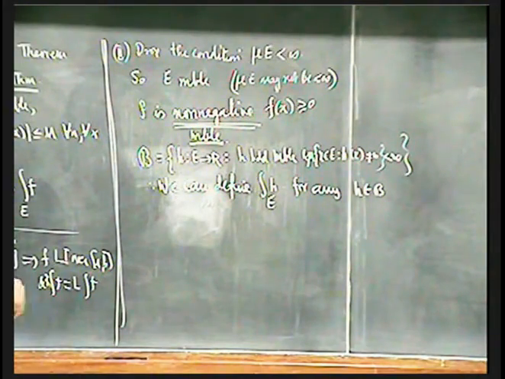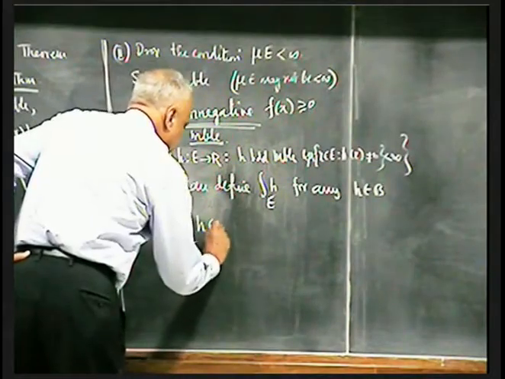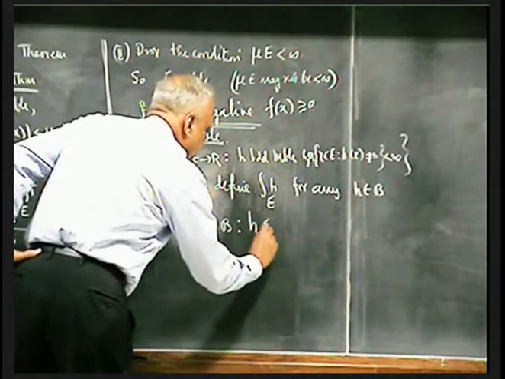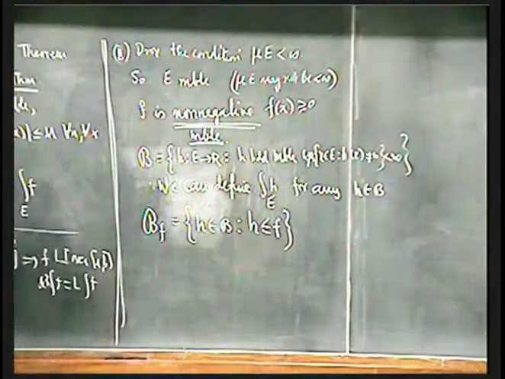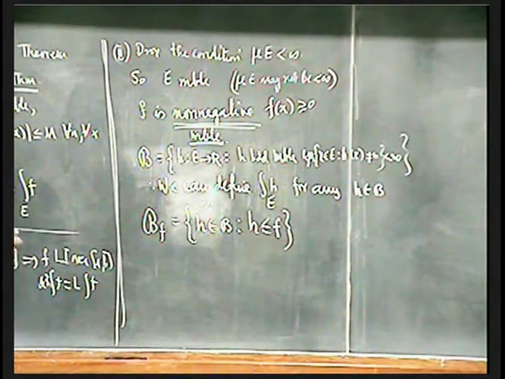So now we are going to look at B_f to be all those functions h in B which are underestimates of f. The integral of h is an underestimate of the integral of f. Take the best underestimate, that is the supremum, the least upper bound, and that is defined as the integral.